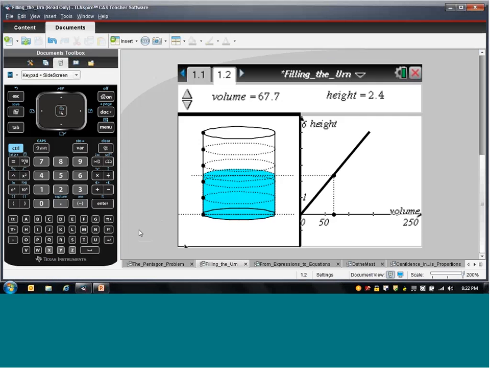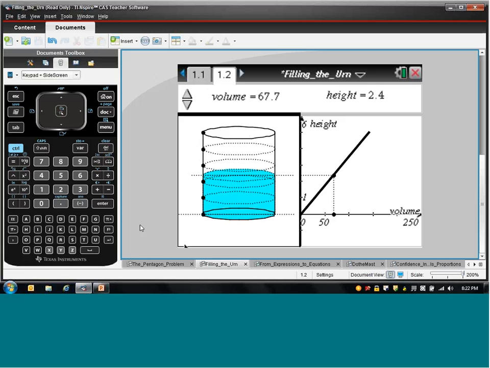The other thing I would add is this is actually a file I've used with a really broad range of students, from middle school, 6th grade, to calculus students. Of course, my terminology and the vocabulary that I might use with those different groups of students will be different. But this is one that has a wide range of applications.